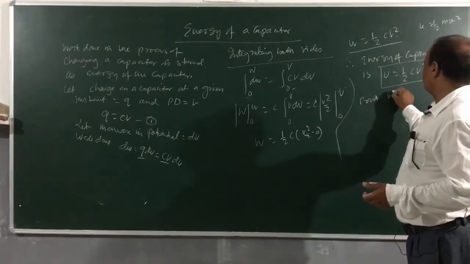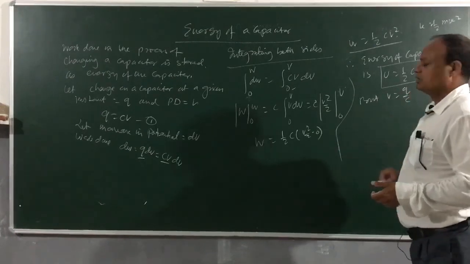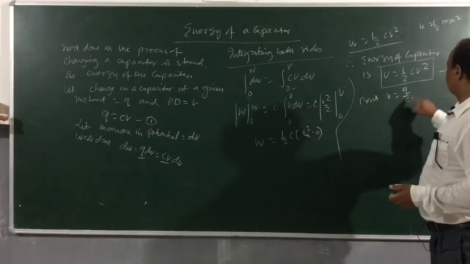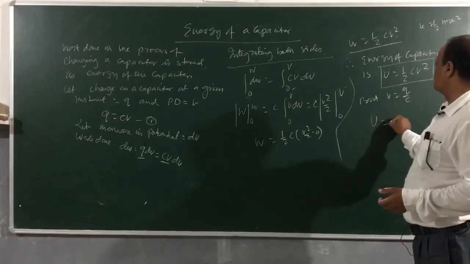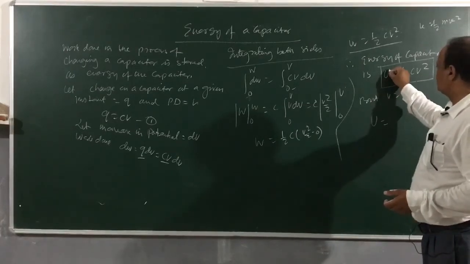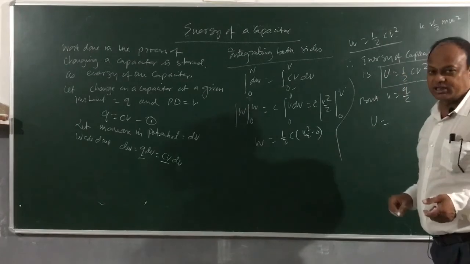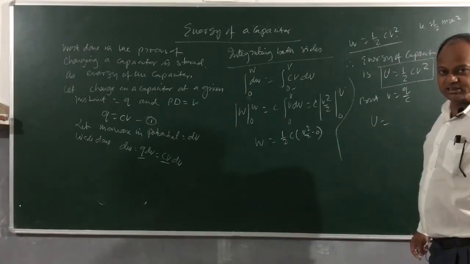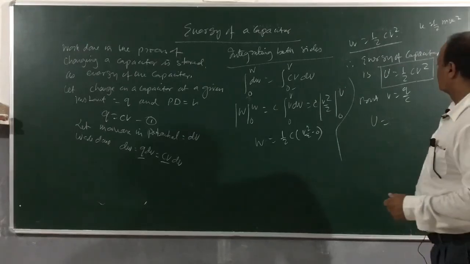Now, from here we can get many more expressions for energy. We know that V is equal to Q by C. I will say this is equation 2. If I put it here, then U, remember, is the symbol of electrostatic potential energy. We used the same symbol earlier for a system of 2 charges and more than 2 charges.